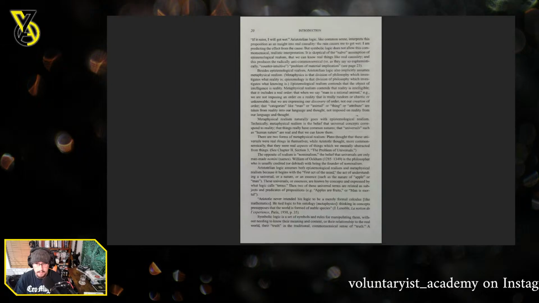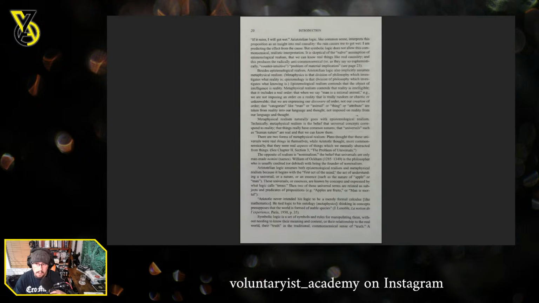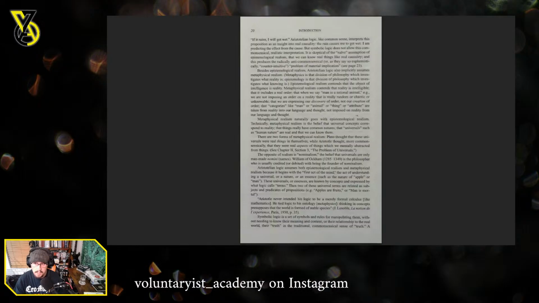But symbolic logic does not allow this commonsensical, realistic interpretation. It is skeptical of the naive assumption of epistemological realism, that we can know real things like real causality, and this produces the radically anti-commonsensical, or, as they say so euphemistically, counterintuitive problem of material implication.